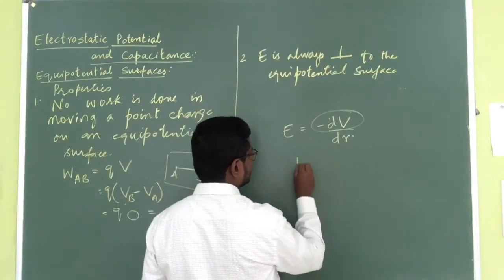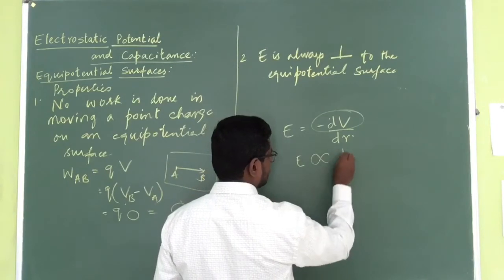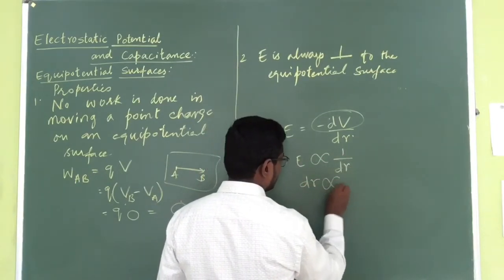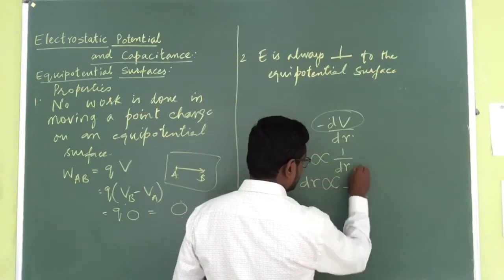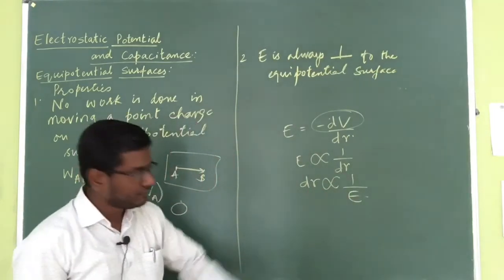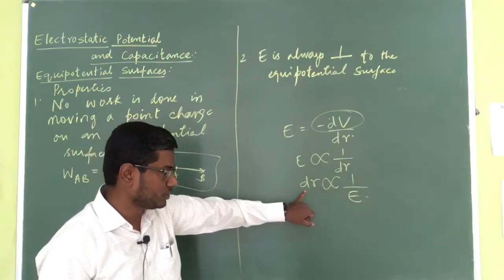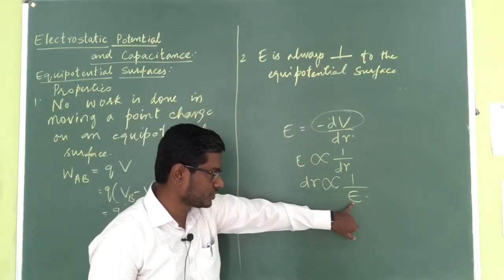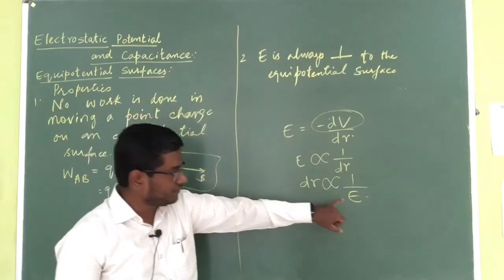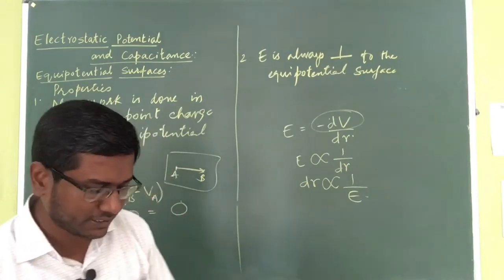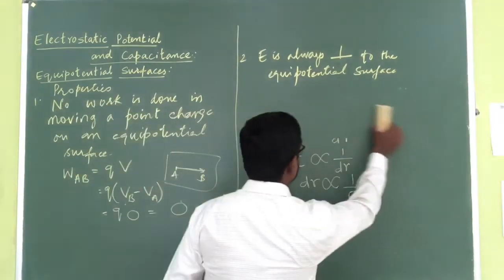So E is proportional to 1 by dr, and dr is proportional to 1 by E. If the field is strong, the distance will be less. If the field is weak, then the distance will be more. So that is the proof of the fourth property.